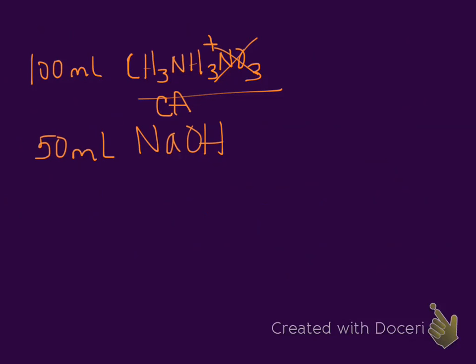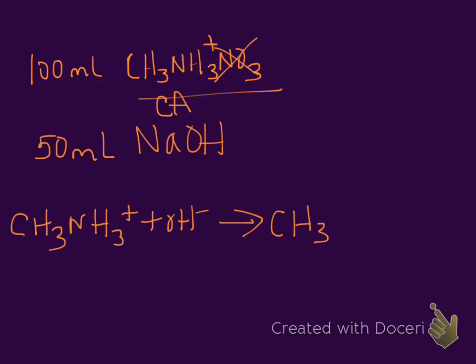So when you mix the two of these together, you're going to have a reaction that takes place, and the OH minus, with Na plus as a spectator, is going to reform this into the weak base. Okay, so now all of this in the reaction will get used up.